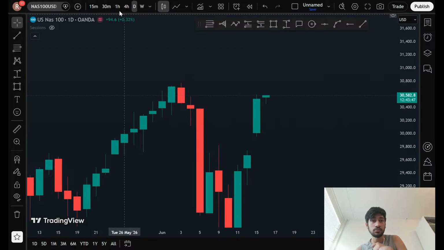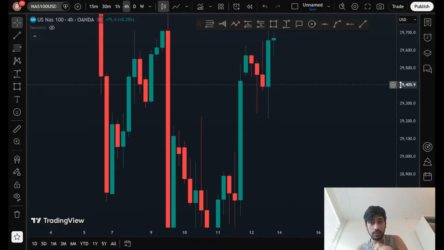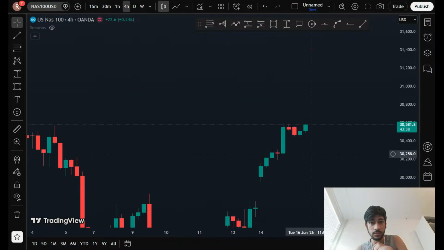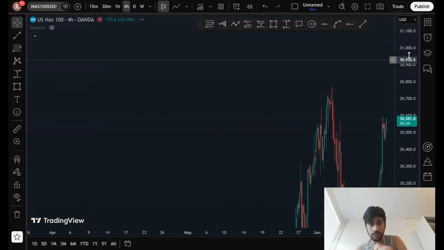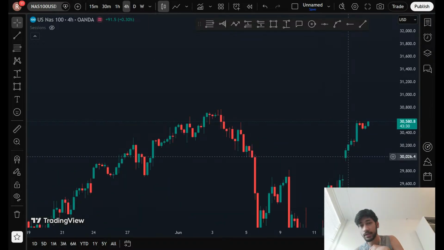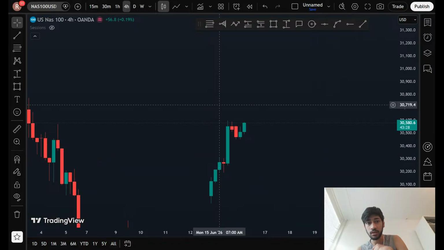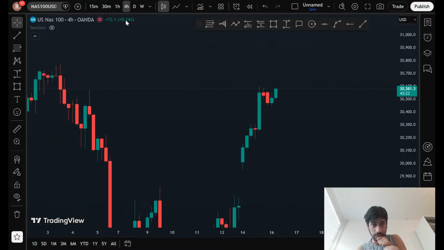Let's go back to a smaller time frame, then we will identify. Going back to the 4 hour time frame, we can see these candles are printing bullish, bullish, bullish, and we are approaching some sort of resistance, which is also the all-time high. So will we cross the all-time high and break above, or will we reject that area? We don't know. Let's switch back to a smaller time frame.